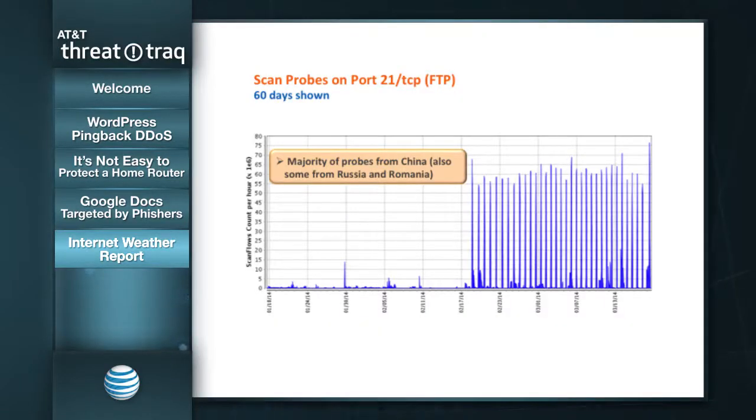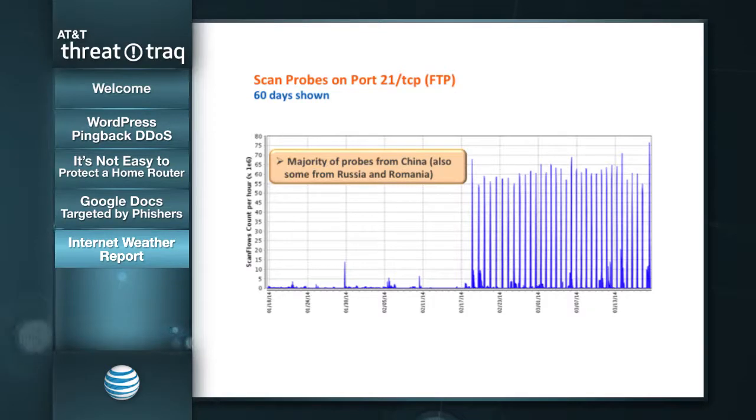The next item here, scan probes on port 21 TCP. This is associated with the file transfer protocol, a very popular protocol, particularly in the past. I think the recommended way of doing this today is probably through SCP, or secure copy protocol.